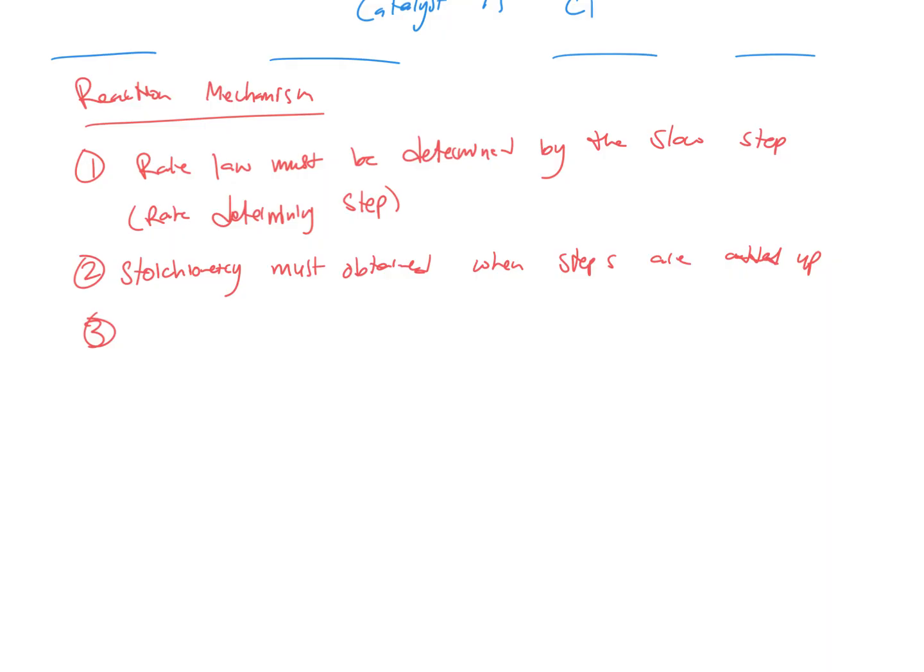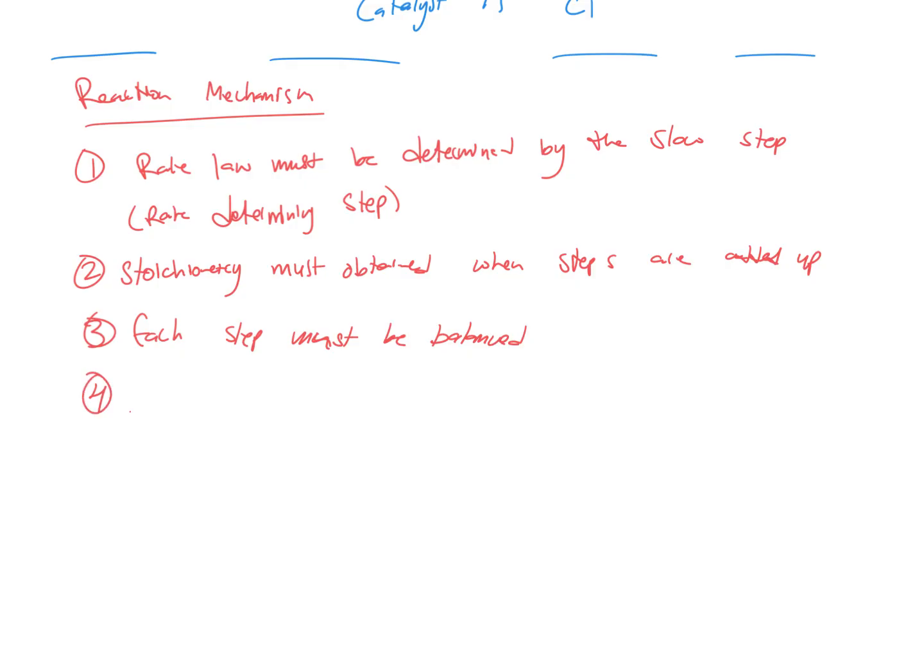Rule number three, each step must be balanced. Again, going back to Hess's law, you must balance all your steps so that when you add them up, all of your steps will equal the overall reaction.